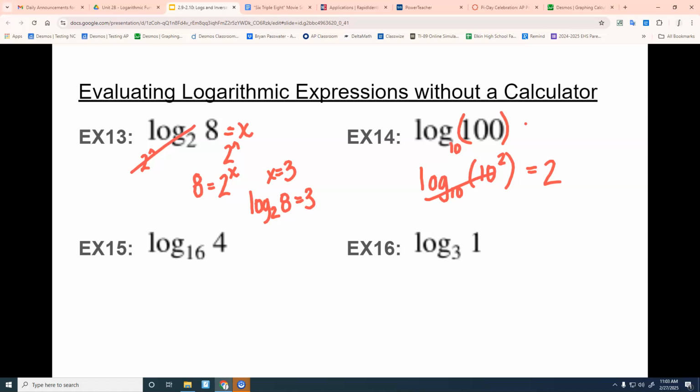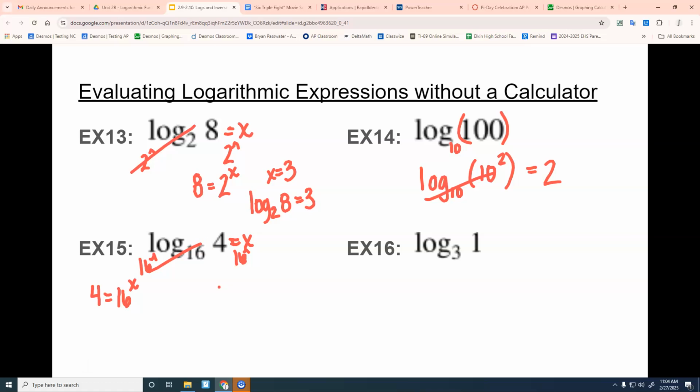Okay, now 15 is a little trickier right here, because either way it's going to be a little bit trickier, because if I rewrite it as an exponential, I've got 16 to the power, so 4 equals 16 to the x power.